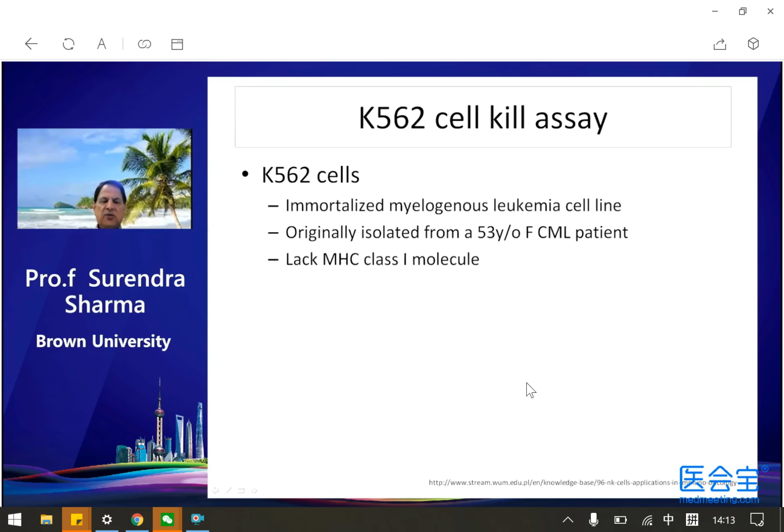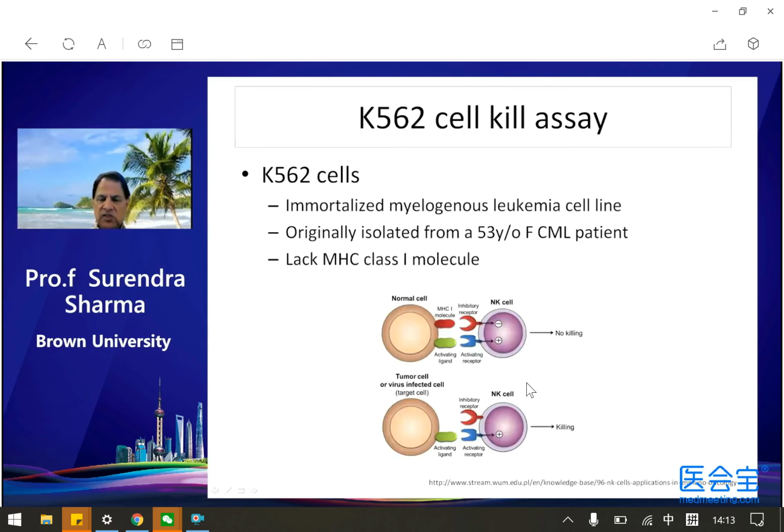K562 cells are an immortalized myelogenous leukemia cell line, originally isolated from a 53-year-old CML patient, and they lack MHC class 1 molecule, and that makes them the target for NK cells.